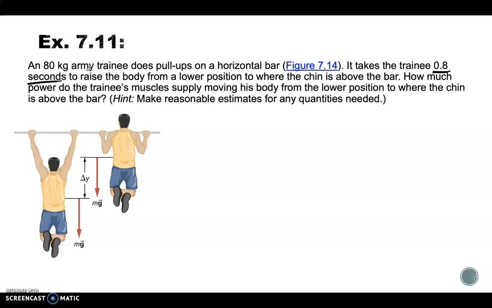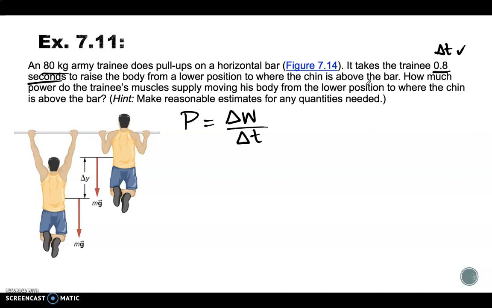All right. So we're looking for power. So power is again equal to the change in work over the change in time. So we have our change in time already. That's 0.8 seconds. We need to know the work, the work being done.